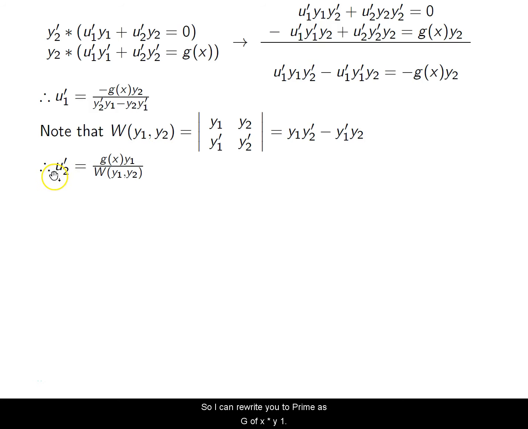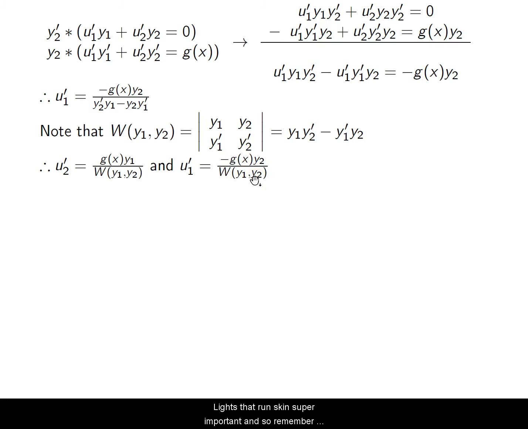So I can rewrite u2 prime as g of x times y1 divided by the Wronskian of y1, y2. Similarly, u1 prime is g of x times y2, negative, divided by the Wronskian as well.